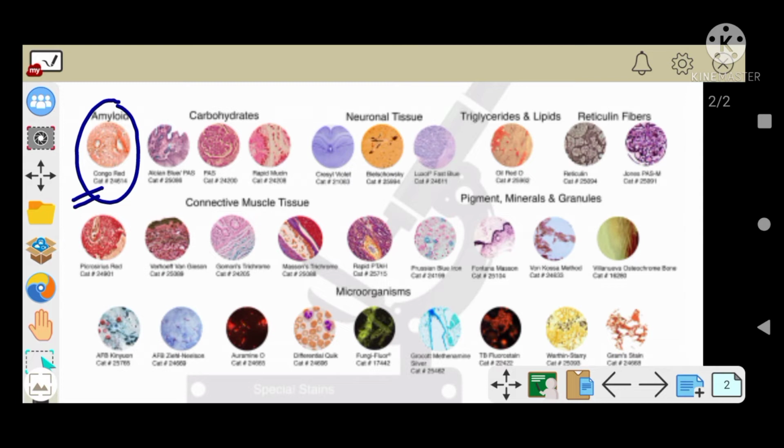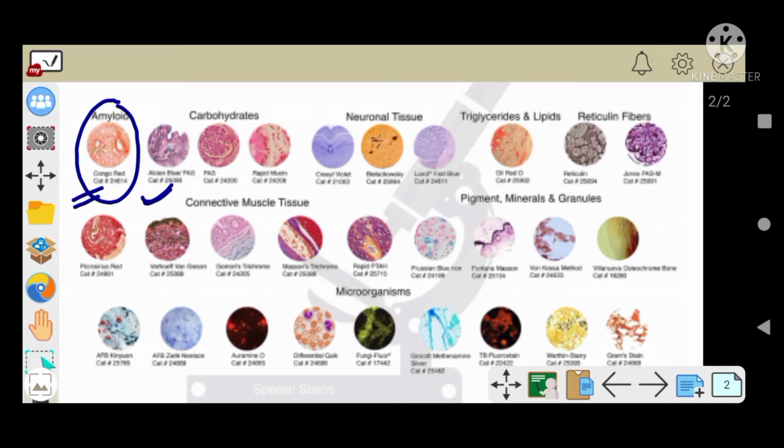The image that is asked mostly is amyloid in polarized light that shows apple green birefringence. I will try to show it in my future videos. So this one is Congo red stain, and another is the image in polarized light that shows apple green birefringence of amyloid, right?